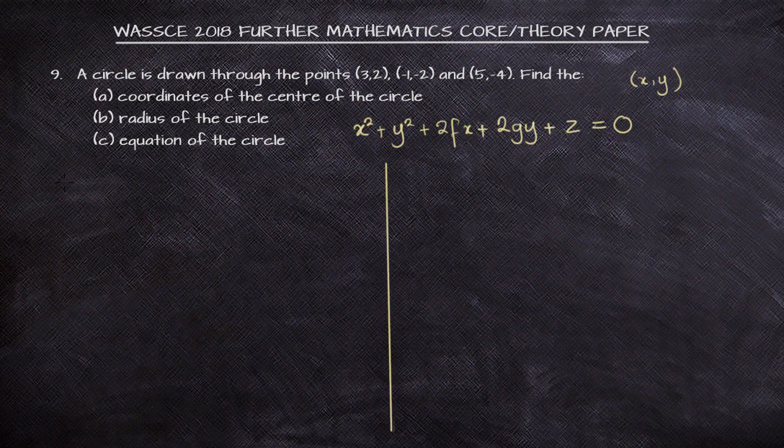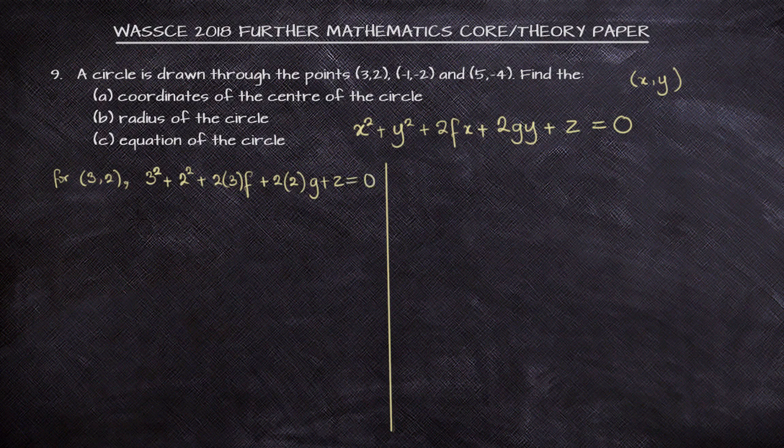So if you are to take, in the first case, 3, 2, x is 3, y is 2. If you substitute in this equation, we are going to be having 3 squared plus 2 squared plus 2f of x, and x is now 3 and f is there, plus 2, now y is 2, multiplied by g, plus z is equal to 0.